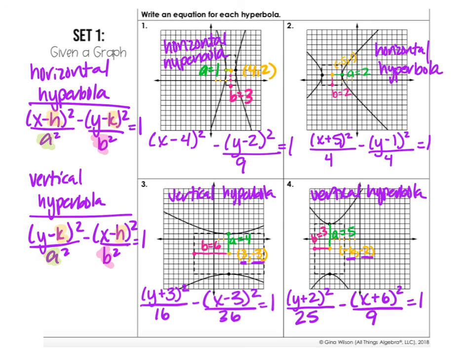Just keep very close track of the difference between the horizontal hyperbolas and the vertical hyperbolas, and make sure you're using the right formulas.